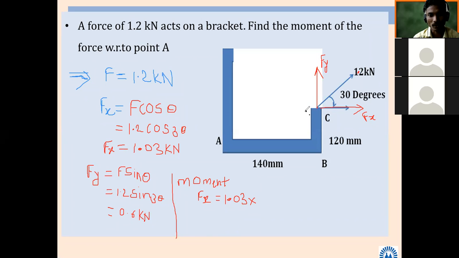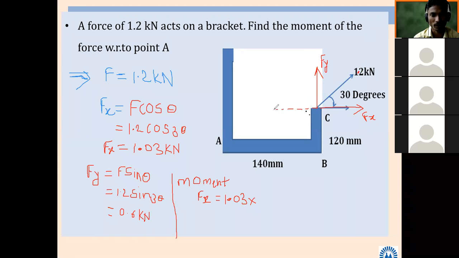How? Again, the law of transmissibility of force will come into the picture. If I extend this line in this way, what will be the vertical distance of this dotted line from point A? What will be this distance? 120 millimeter.